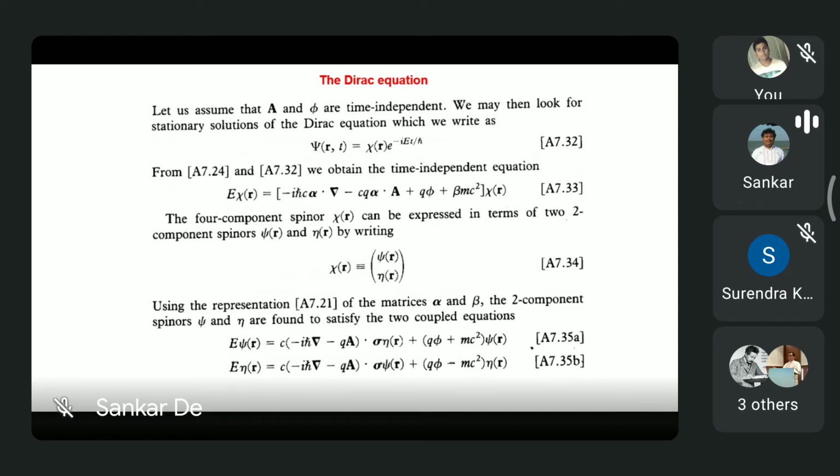So we separated the two, and we took the time independent form. And these are the last two equations, the time independent form. Both of these equations have two spinors, chi and eta. And we tried to solve for chi and eta again based on certain conditions. So this is completely relativistic till equation 7.35a.